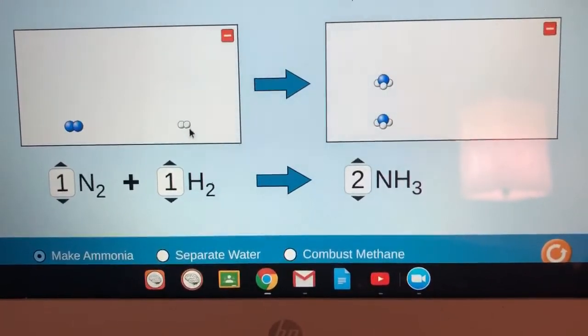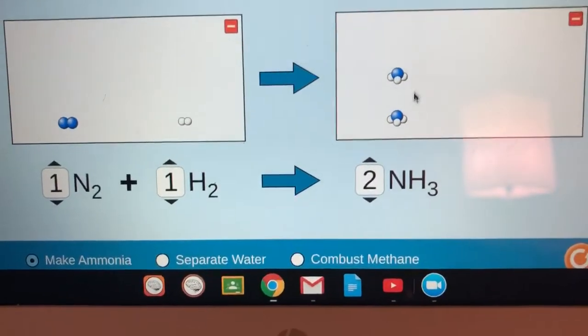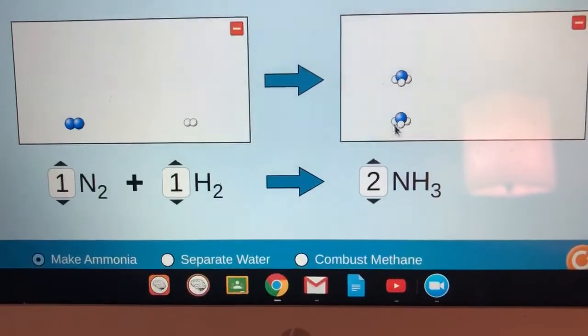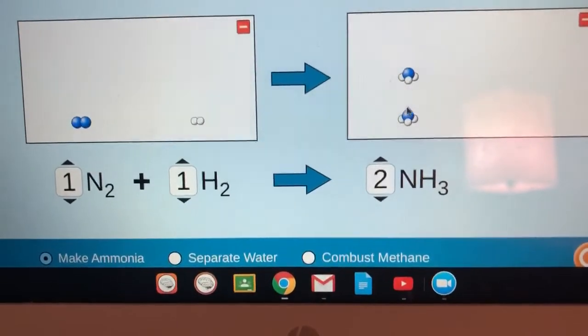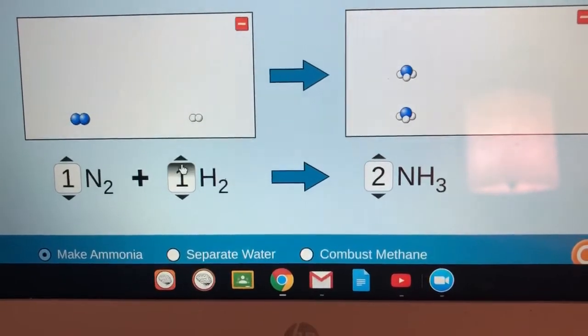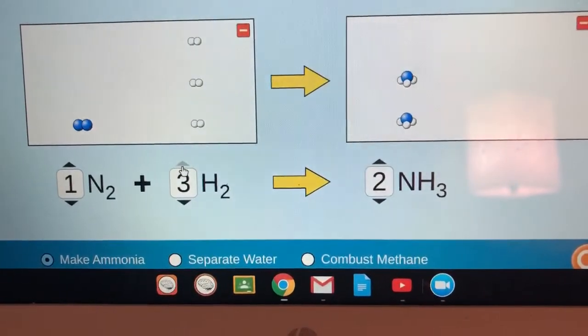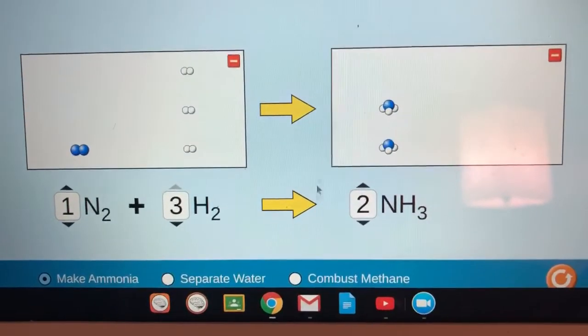But my hydrogens don't match. I have 2 hydrogens here, and I have 3 hydrogens there, for a total of 6. So if I want to get 6 on this side, I know I have to multiply 2 by 3. So I'm going to go up to 3. And the yellow lights come on, which means, yep, you did it.